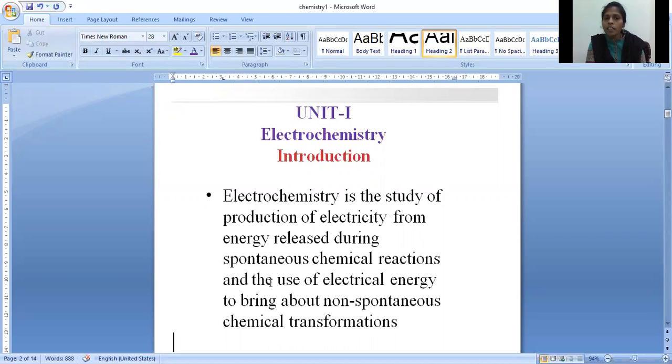That means by applying electricity, the chemical reactions take place. So electrochemistry is nothing but the study of interconversion of electrical energy to chemical energy and chemical energy to electrical energy. How electrical energy is converted to chemical energy and chemical energy is converted to electrical energy, that we will see in electrochemistry.